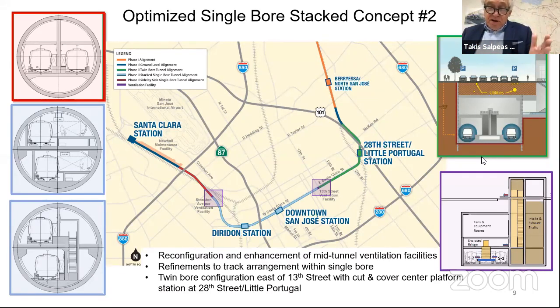When we do the comparative analysis, in engineering, cost and schedule, and we decide that, let's say, we're going to do twin bores from Berryessa down, and when we come to the vent structure at 13th or 14th Street, from that point on it's going to be the 48-footer machine, which will take us all the way to clear downtown.